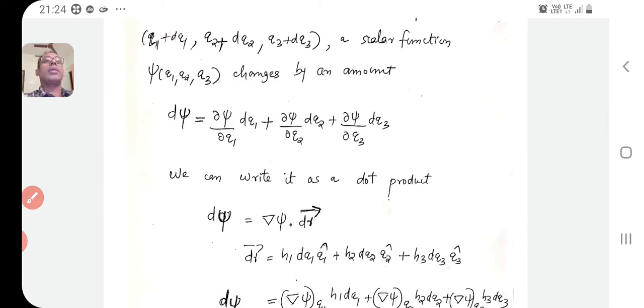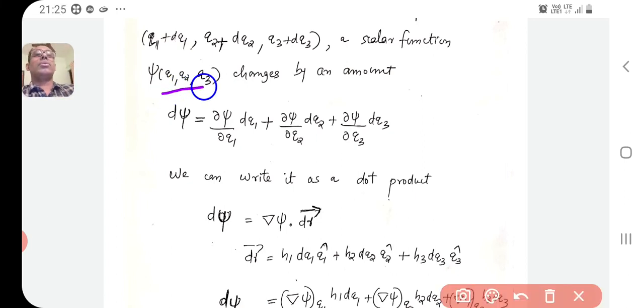Why are we writing like this? Because psi is a function of q1, q2 and q3.